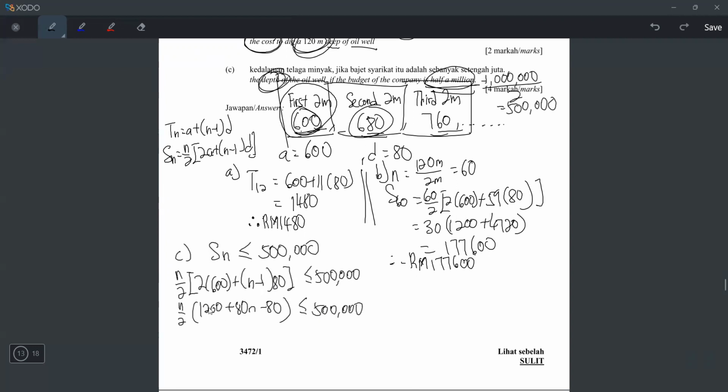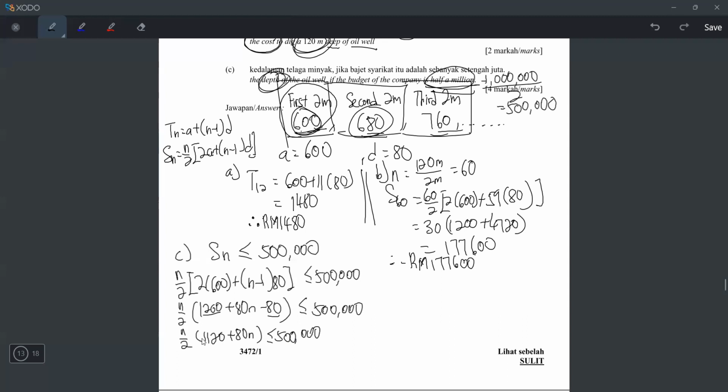What is 1,200 minus 80? I get 1,120. So plus 80n, but I still have to times with n over 2, less than or equal to 500k.